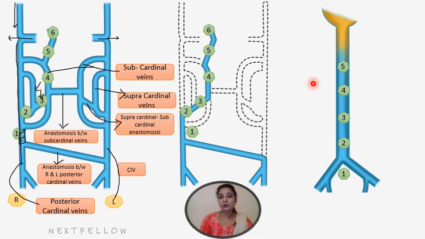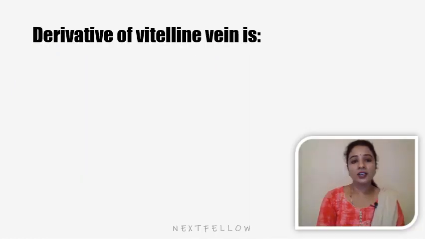The fifth is the anastomosis between the subcardinal vein and hepatocardiac channel. The sixth is from the hepatocardiac channel. This sixth part is basically a part of the vitelline vein, and the rest are all from the cardinal veins and anastomoses associated with the cardinal veins. So this completes the development of the inferior vena cava, and let's see a question associated with it.